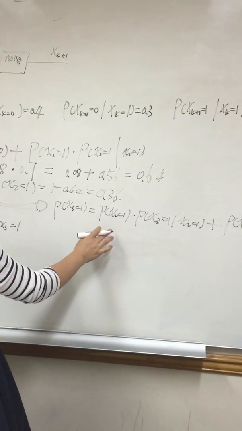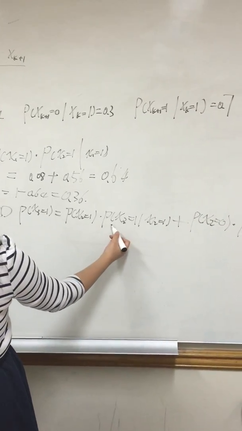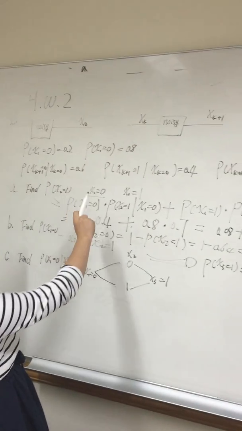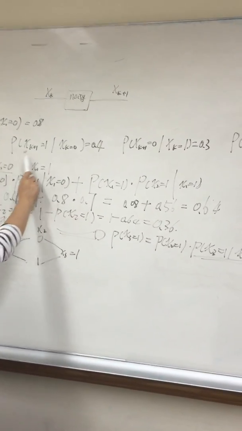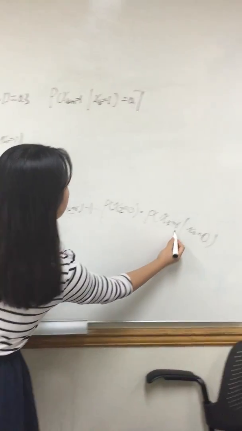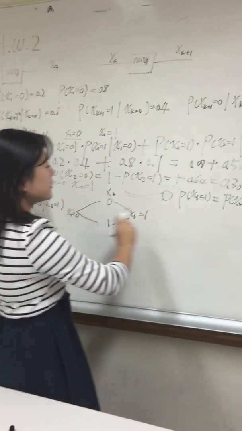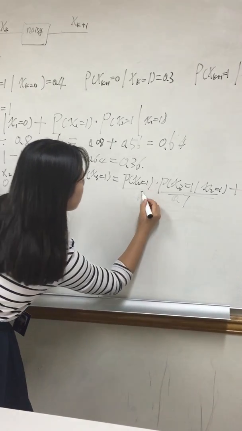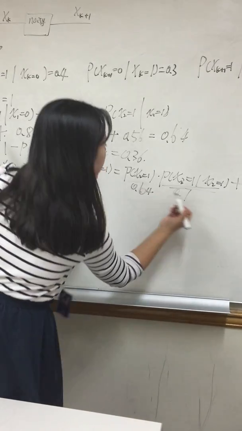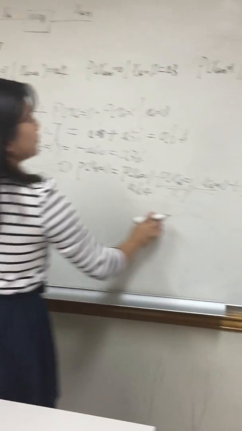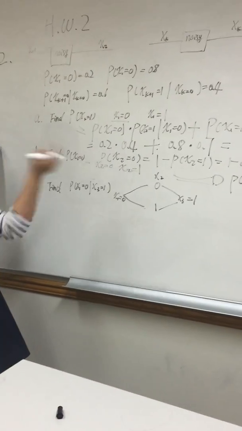That's the expression. This one is 1, this one is 0.7, and this one is 0.3, and as we solved above, the probability x2 equals 1 is 0.64, and x2 equals 0 is 0.36. We just need to solve it out and we can get the result.